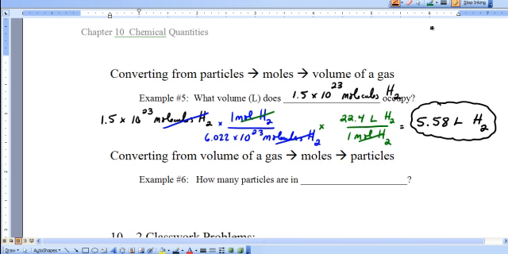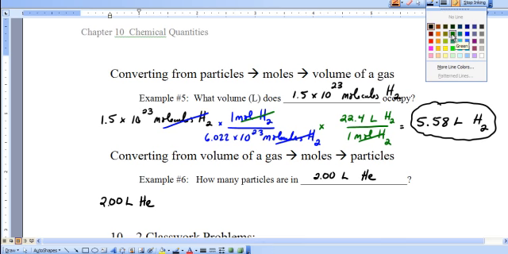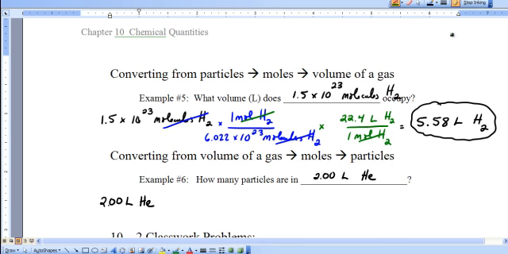So how many particles are in, let's say, a 2 liter of helium gas? All right. So we'll start off with our 2.00 liters of helium, and now we want to go back to moles. First moles, then to particles. So therefore, 1 mole of helium is going to occupy 22.4 liters at STP.